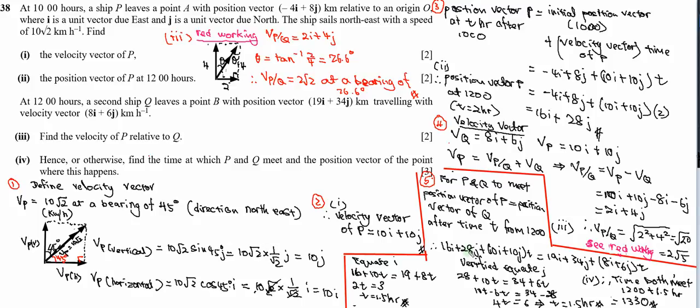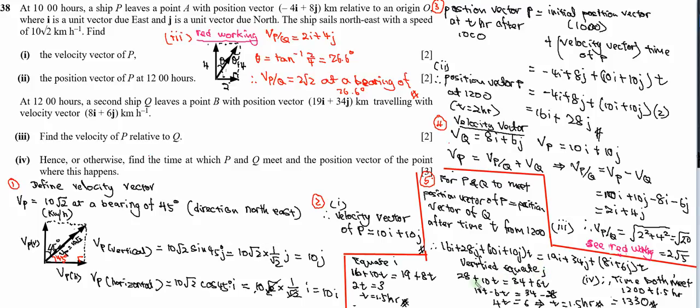Combining all similar terms on the left hand side and right hand side, and equating the I vector, we get 16 plus 10t equal to 19 plus 8t. You work out t to be 1.5 hours. To verify this, you can compare the J vector.